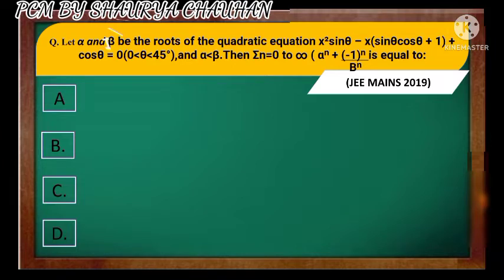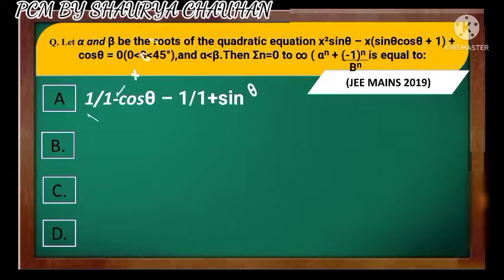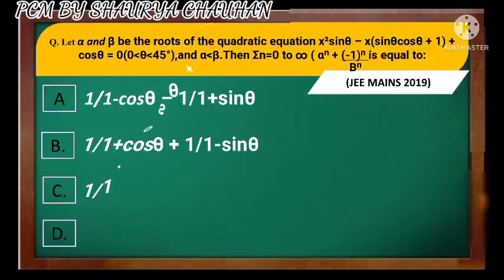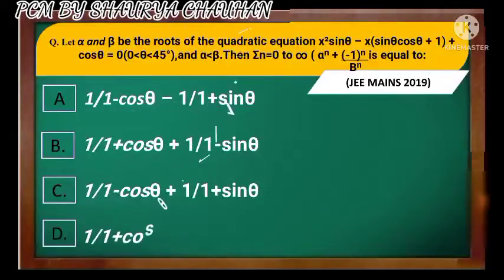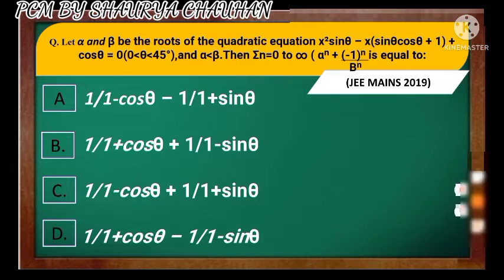The options are 1 upon 1 minus cos theta minus 1 upon 1 plus cos theta, 1 upon 1 plus cos theta plus 1 upon 1 minus sin theta, 1 upon 1 minus cos theta plus 1 upon 1 plus sin theta, and the last one is 1 upon 1 plus cos theta minus 1 upon 1 minus sin theta. I'll give you 50 seconds to do this question. So your time starts now.